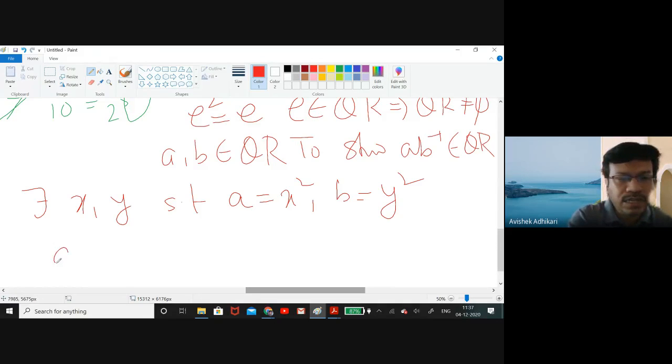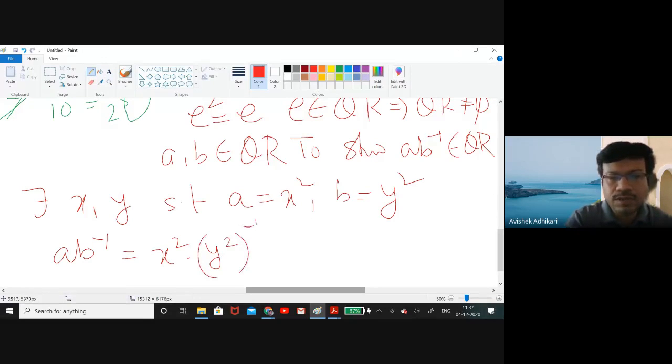Now what do I need? A B inverse, right? So this is nothing but x squared into y squared inverse. Now you understand why I require the abelian group property. Unless you have this abelian property, you cannot write this as (x y inverse) whole squared.